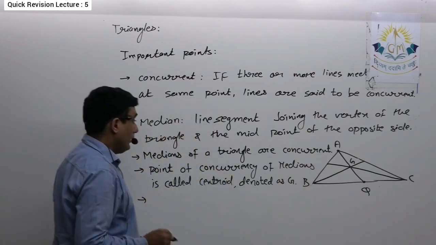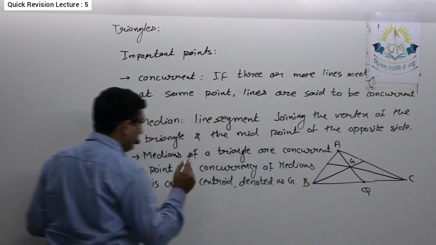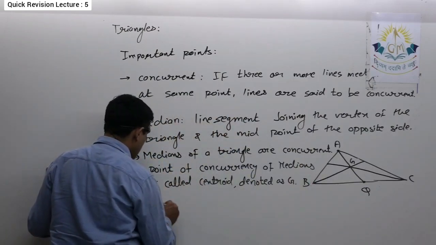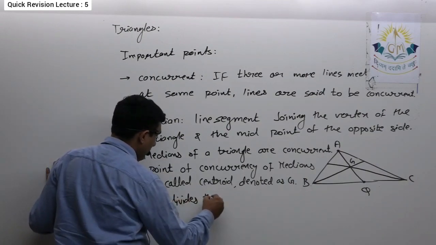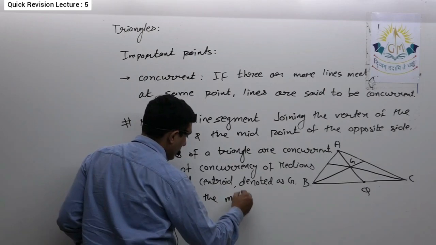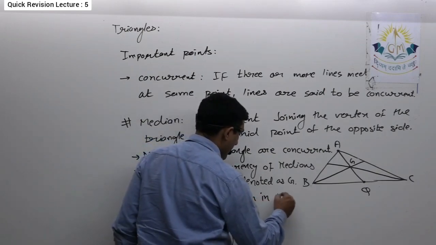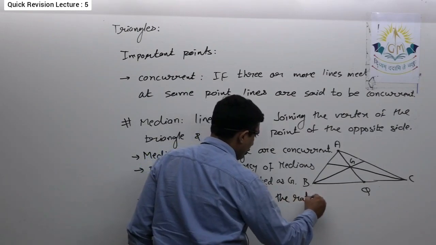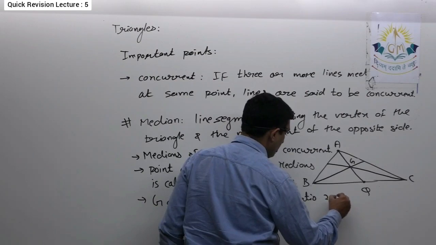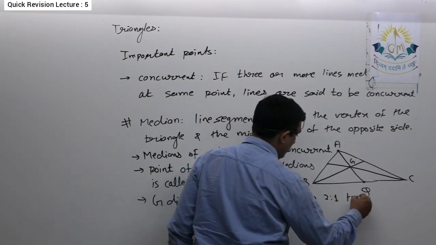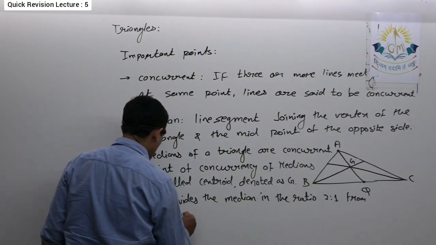Now this G divides the median in the ratio 2 is to 1 from the vertex.